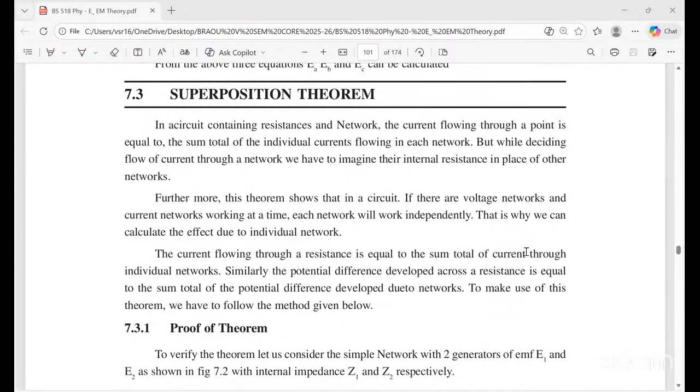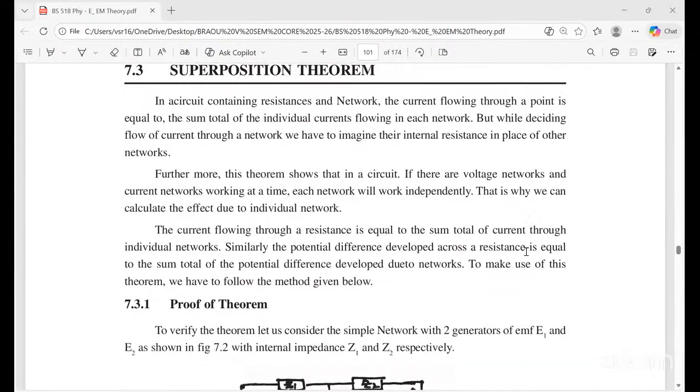So like that you need to, what is the superposition theorem? I am just explaining how to read this and how to do this. In any circuit containing resistances and networks, the current flowing through a point is equal to the sum total of the individual currents flowing due to each network.